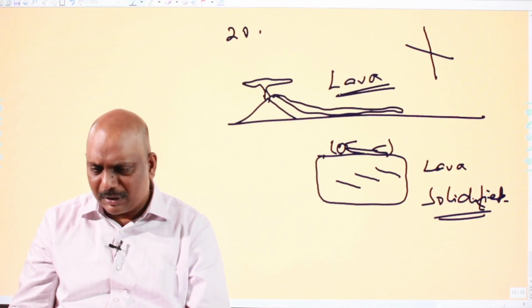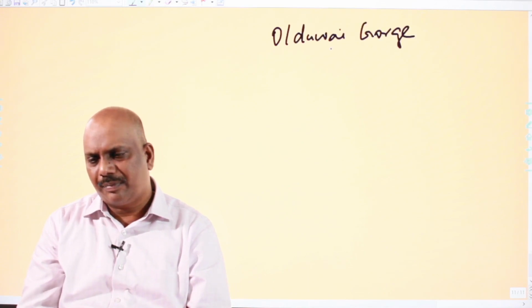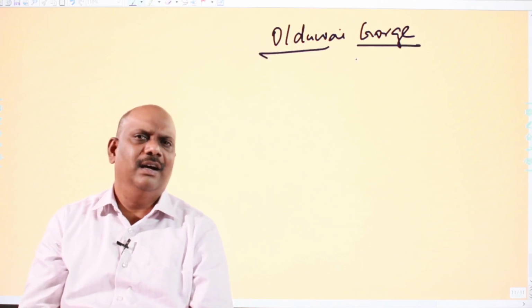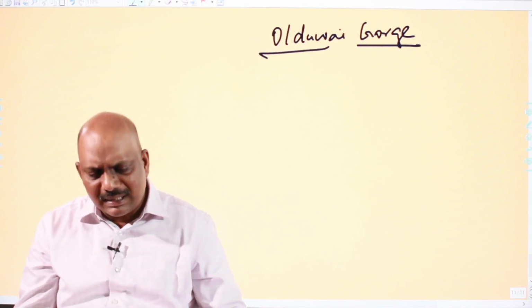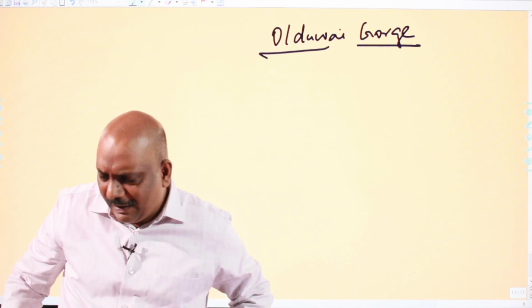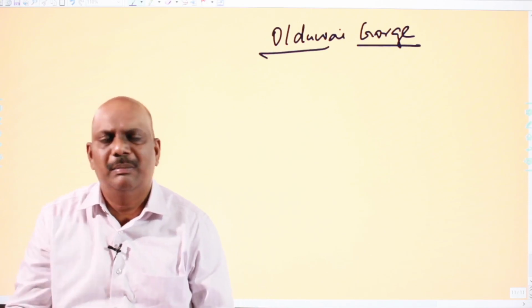But still, potassium argon dating is something very important because most of the fossils in East Africa, we discussed Olduvai Gorge, which lies between Tanzania and Kenya. This was one very important site in Africa where a number of fossils were discovered, and most of the fossils from this site were dated using potassium argon dating techniques.